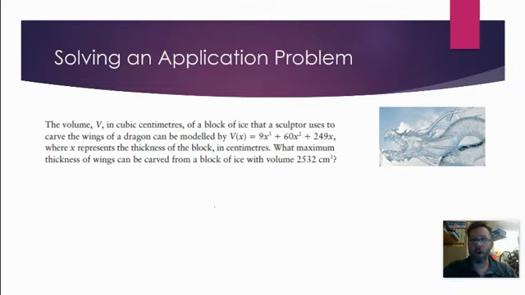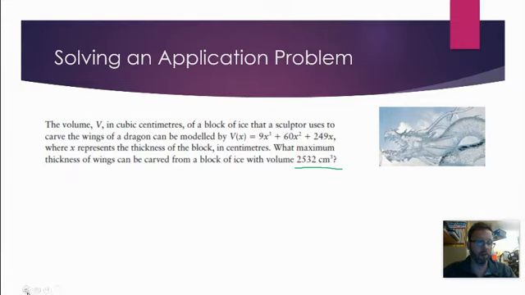We're going to solve one more problem together. We're going to solve an application problem, and we are going to use a variety of techniques here. In this question, we've got a block of ice, and we have an expression for the volume of this block of ice. Here, x is the thickness of the block. What we're trying to do is find the thickness that's going to give us a volume of exactly 2,532 centimeters cubed.